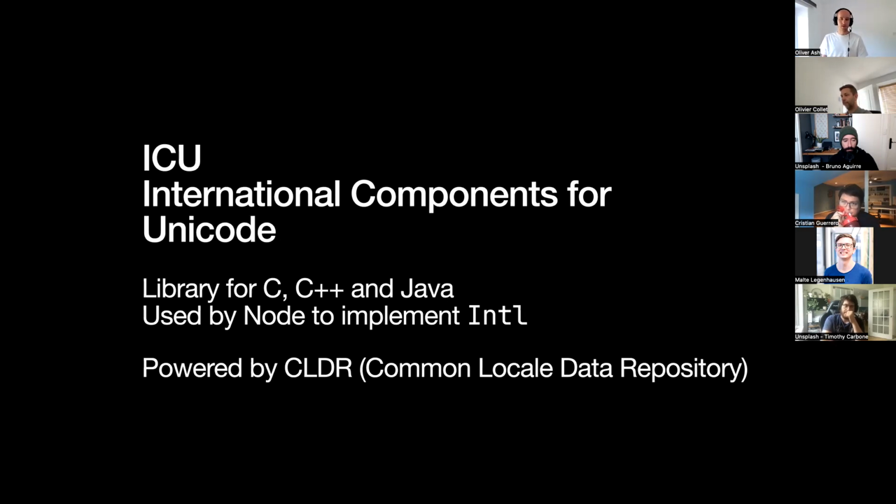And these ICU components use something called CLDR, which stands for Common Locale Data Repository. That basically defines data for all of the world's languages, things like how to represent numbers and dates and the words for different days of the week and that sort of thing.